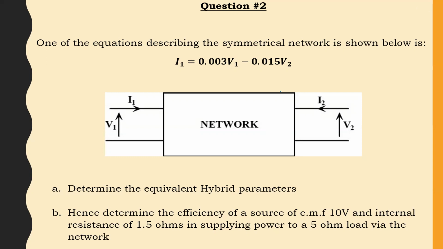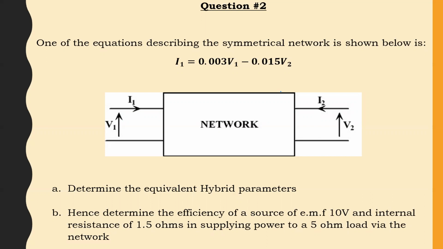All right, judging from what they gave us here, I'm taking that as the admittance parameter. Why? Because the relationship in the equation is between the input current and the voltages. So that will give you the admittance.